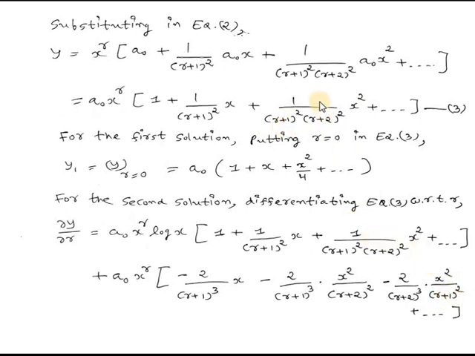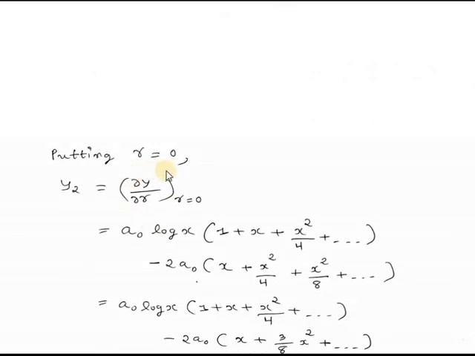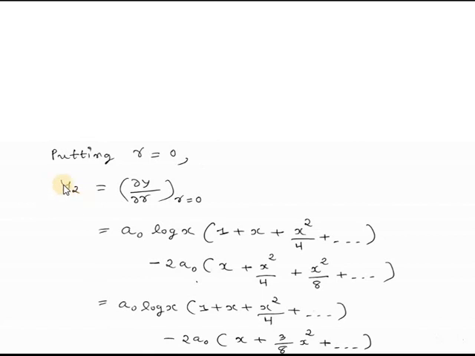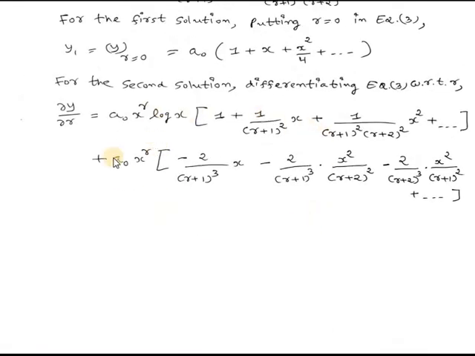Now we will differentiate the term 1 divided by (r plus 2) whole square, so its derivative will be minus 2 divided by (r plus 2) whole cube, plus so on. Clear? Now putting r equal to 0 in this, because the second solution is given by y2 is equal to del y by del r, where r is equal to 0. That's why we have to put r equal to 0 in this.